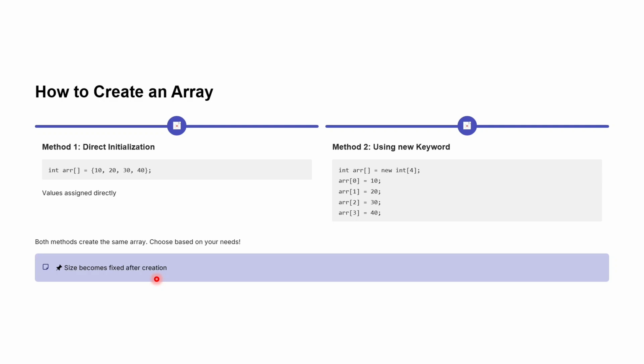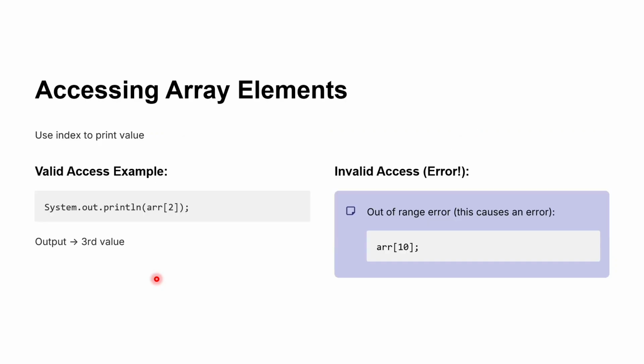So let's come to how to access the array element. As we have discussed a little bit, now we will explore it deeply. We can use the index to access the element of the array, right? Suppose we want to print the array element at index number 2, so we will write System.out.println, which is a function to print, and within the brackets we will pass arr, the name of the array, and within the square brackets we will write the index number.